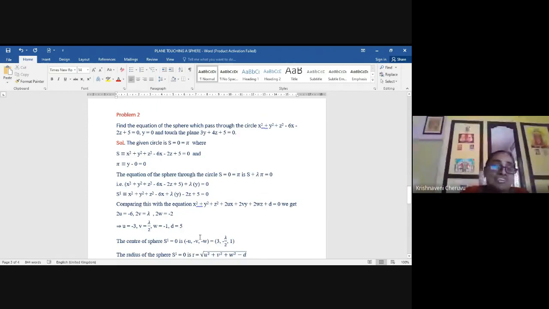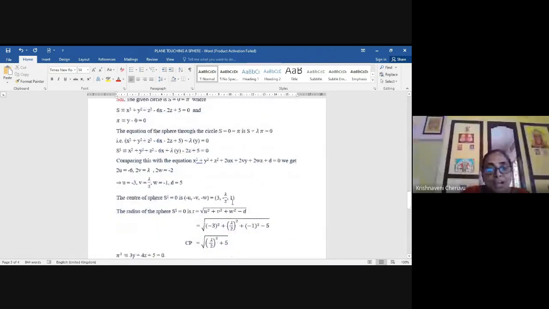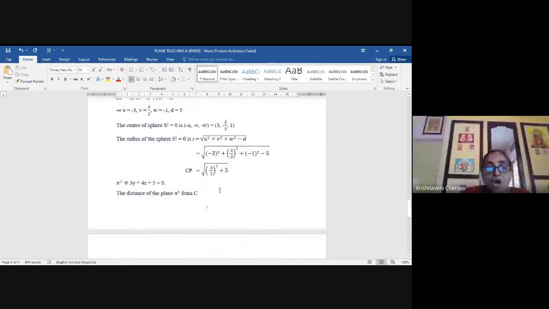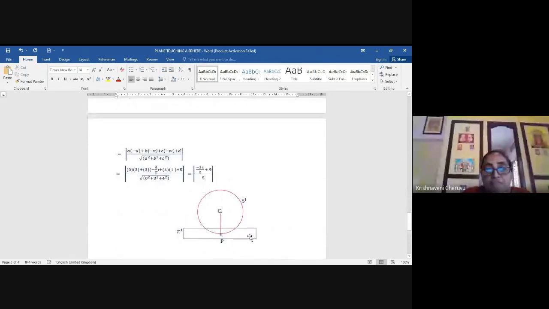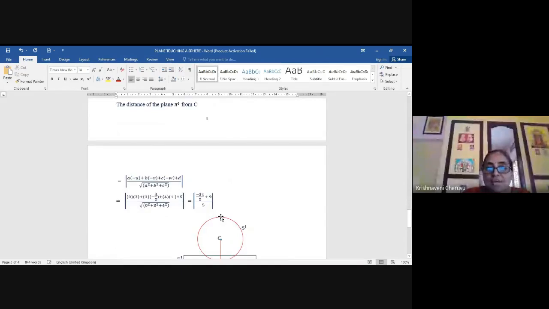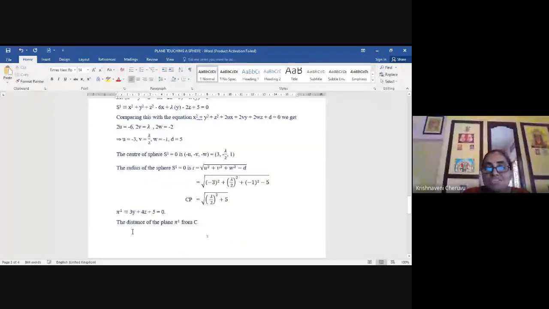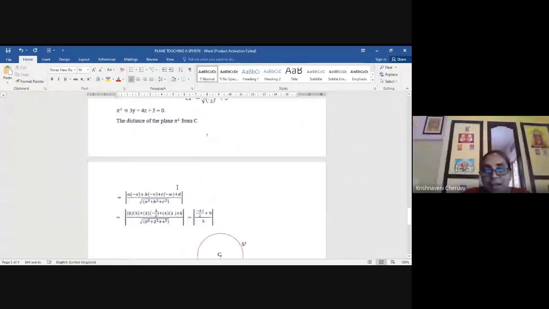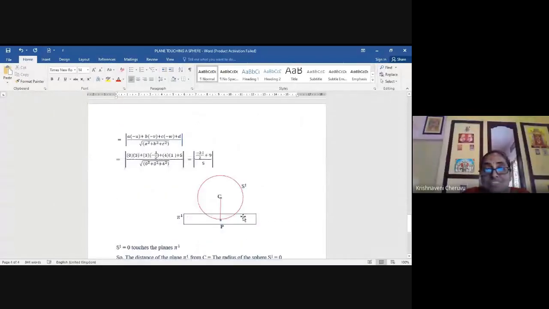So the condition of a plane touching a sphere means you need to find out the radius of the sphere. For this sphere S dash, I found out the center and radius. As per the figure, the radius is CP. Now you have to find out the distance of this plane pi dash from the center of the sphere S dash.